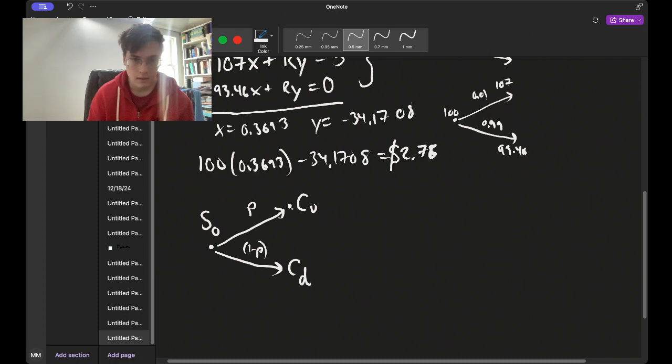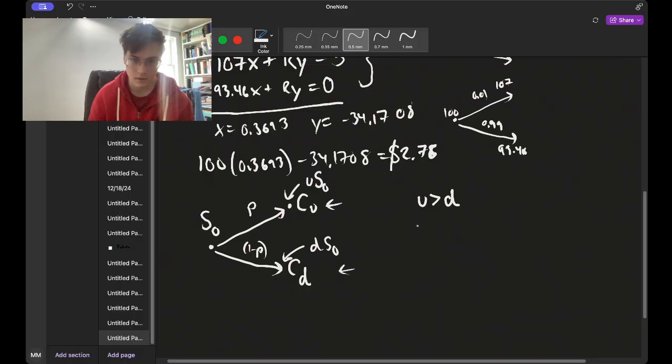Okay. And then the price of the stock here is U times S0. And here, the price of the stock is D times S0, where U is greater than D. Okay, so this is our we won situation, and here is our we lost situation.